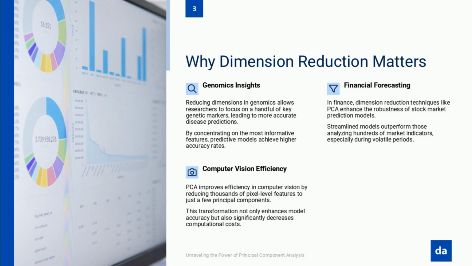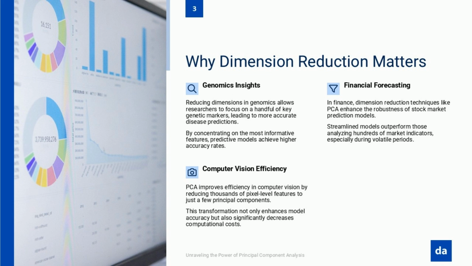When quants apply dimension reduction techniques like PCA to stock market prediction models, they create more robust forecasting systems that significantly outperform models using the full feature set, especially during volatile market periods when accurate predictions matter most.